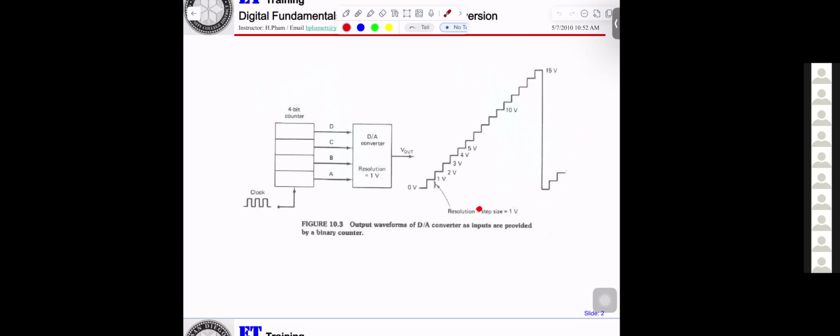The resolution, the step size, is 1 volt. Every time you change the binary, it changes by 1 volt. That's how the DA converter works.